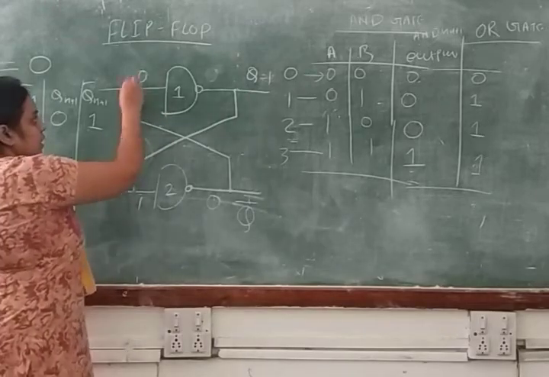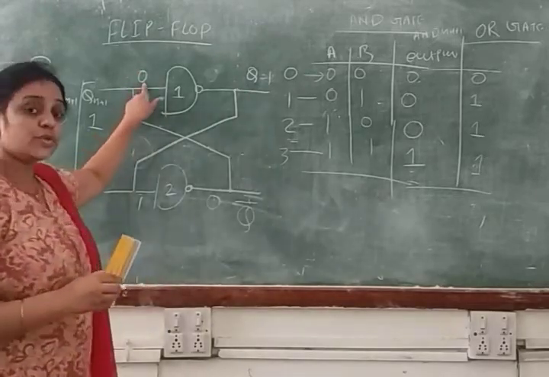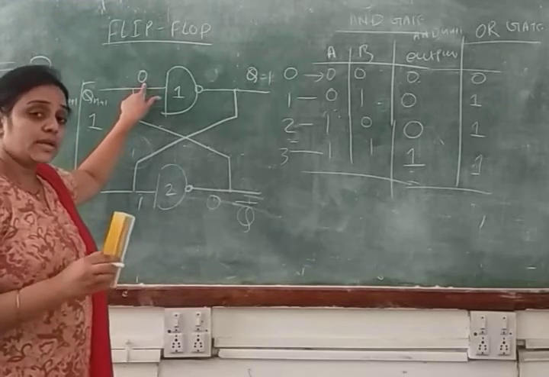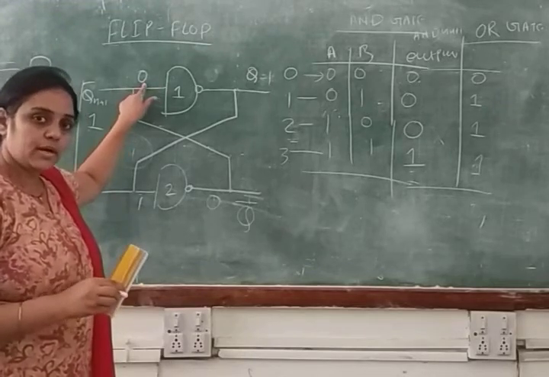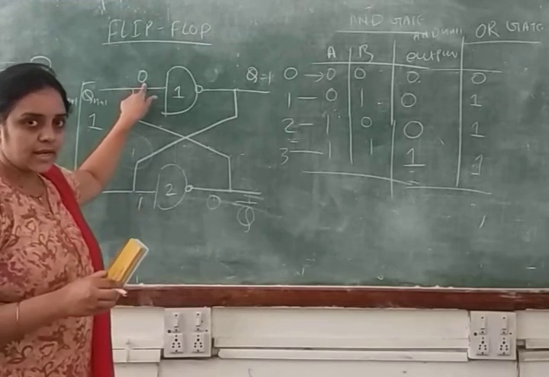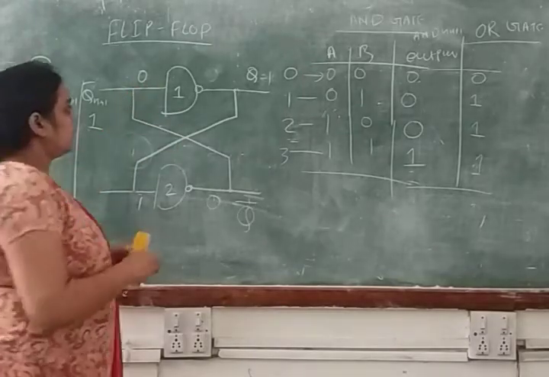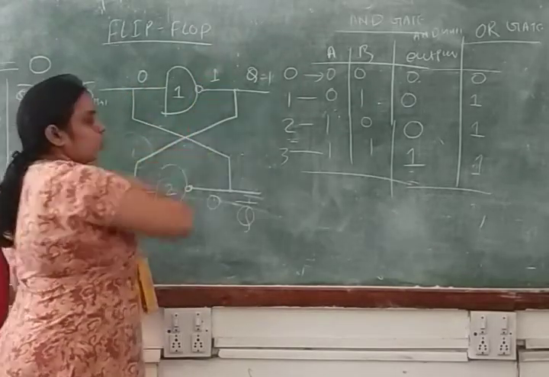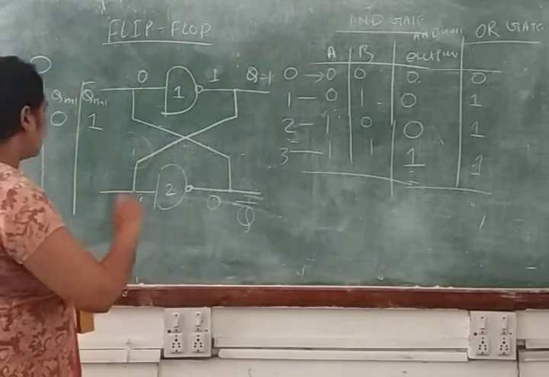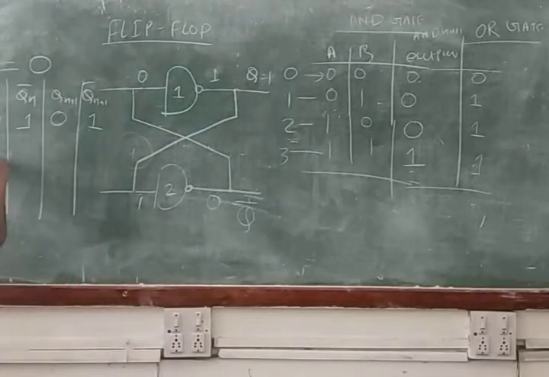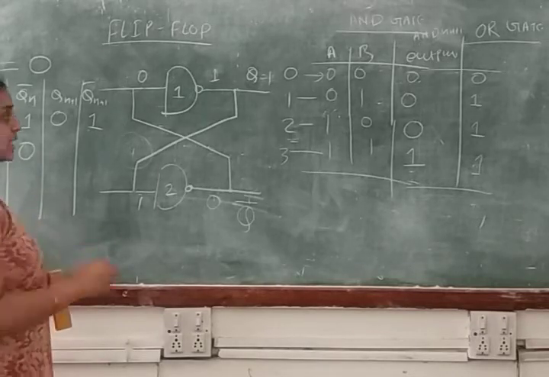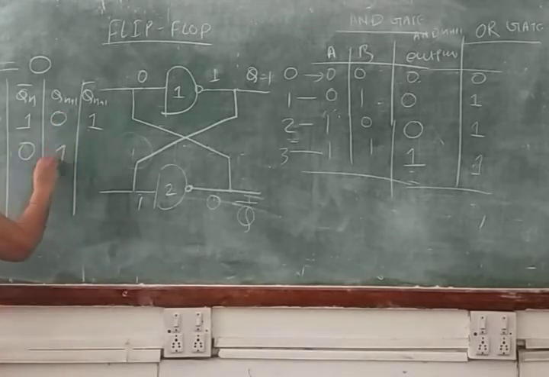Clear? So if you are giving 0 to the AND gate, that means you will get output 0. But here we are using NAND gate, so our output will be 1. Clear? Then so if you are assuming Q value is 1, Q complement value is 0, in that case your output is 1 and 0.